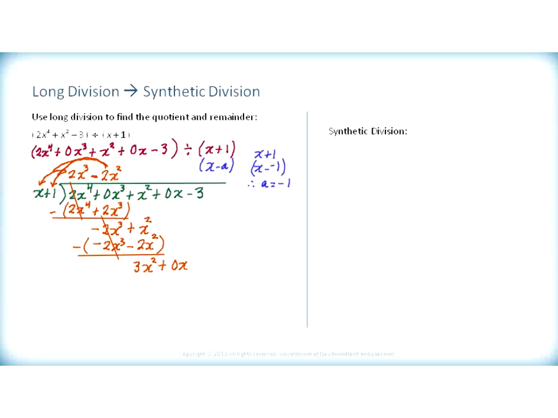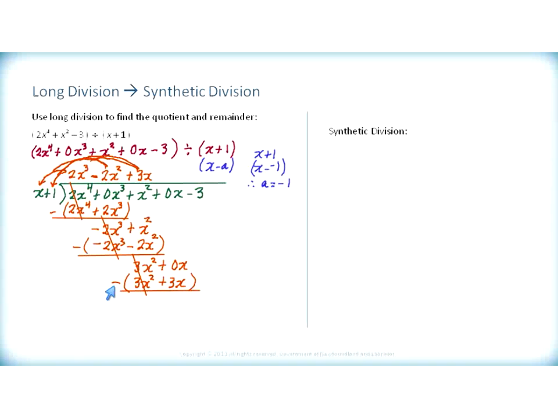Bring down the 0x and repeat the process again. X times what is 3x squared? That would be a plus 3x. Multiply that by both terms in your divisor again, and we have 3x times x is 3x squared plus 3x, and we have to subtract all of it again. 3x squared minus 3x squared is 0.